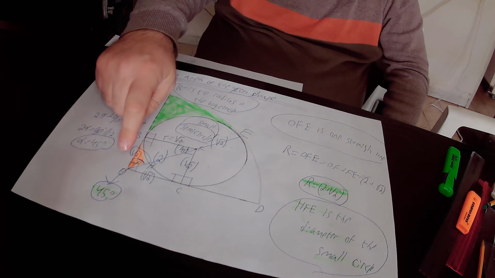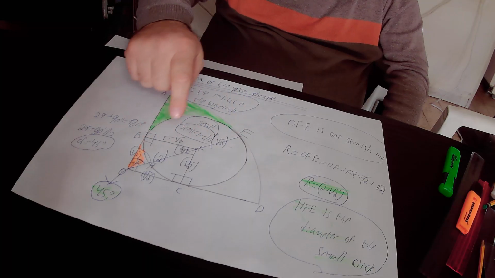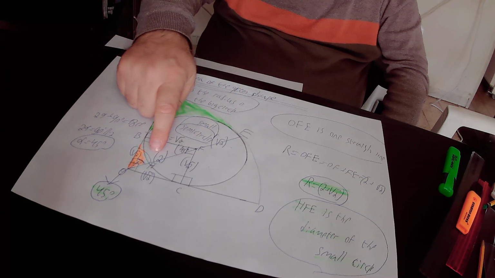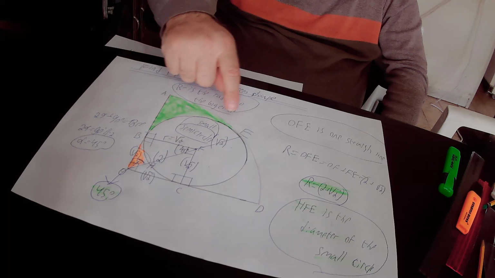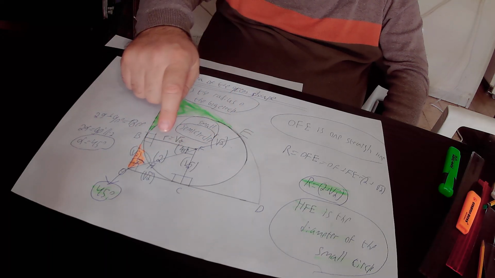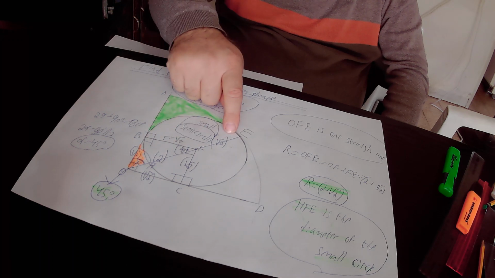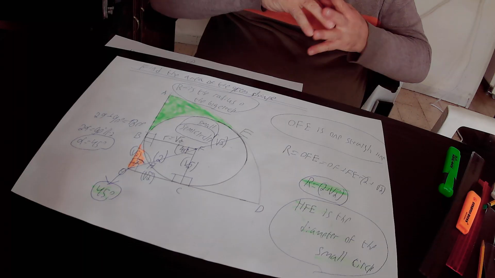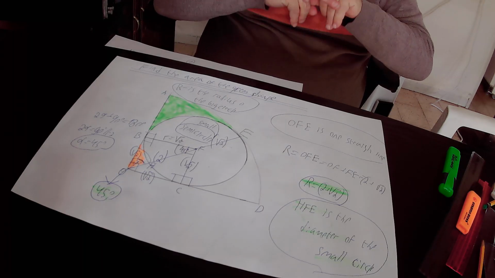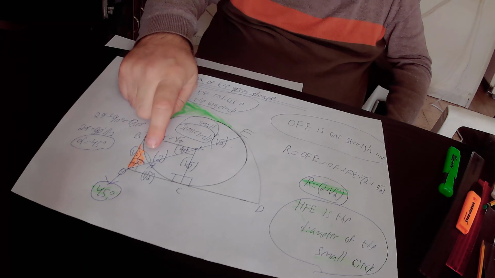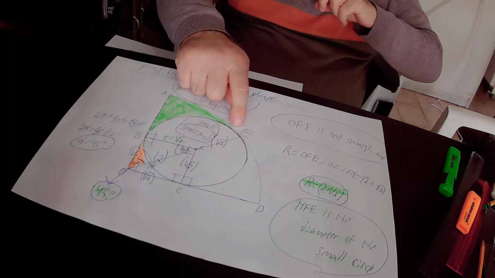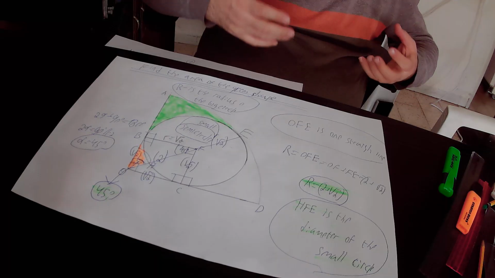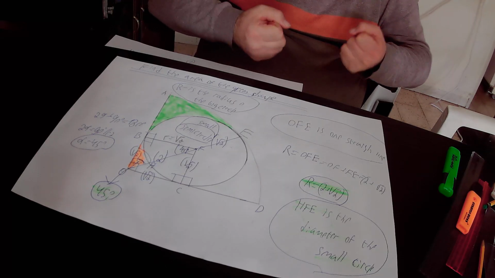So we know that OFE is one straight line. We define the intersection point between the straight line OFE and this small circle as H. If OFE is one straight line, then HFE must also be a straight line because HFE is part of OFE. The straight line HFE touches the small circle at point E and here at point H. Any straight line that touches the circle at 2 points must be a chord.